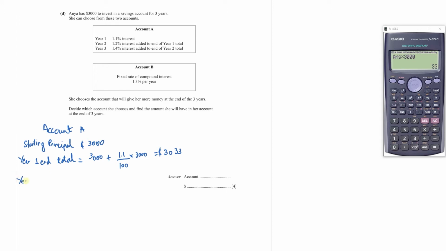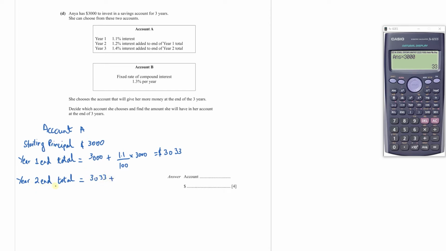So let's calculate the year two end total. In year two, she earns 1.2% interest added to the end of year one total. So after the end of year one, she has $3,033.